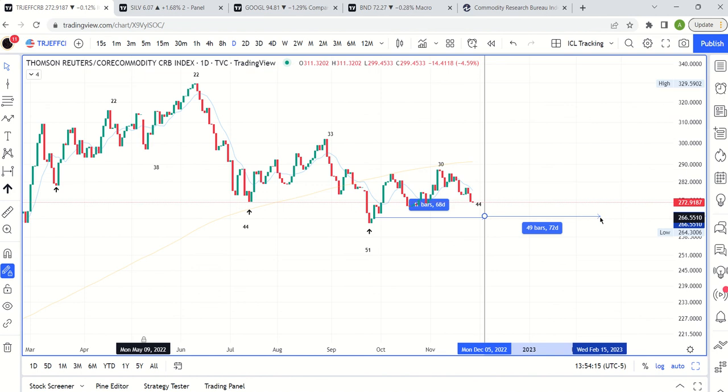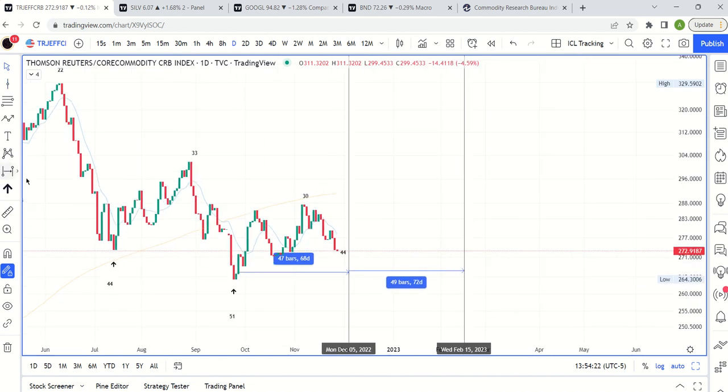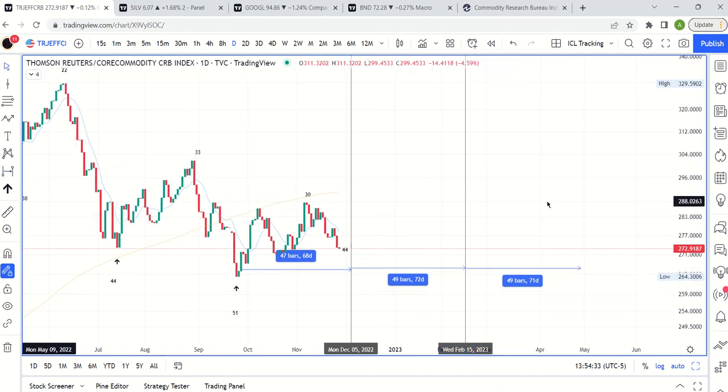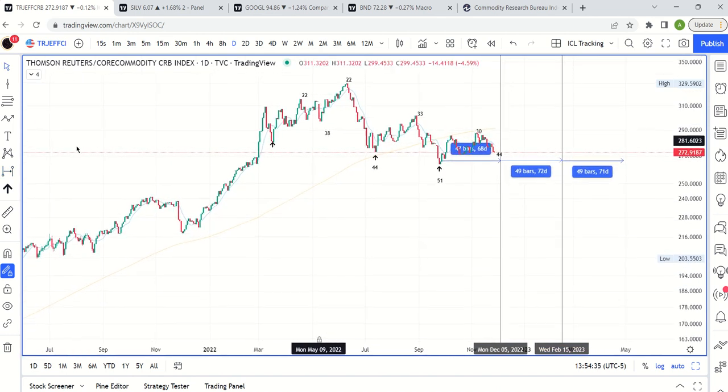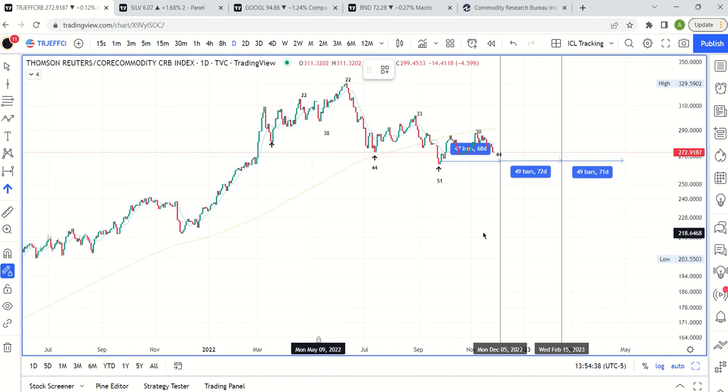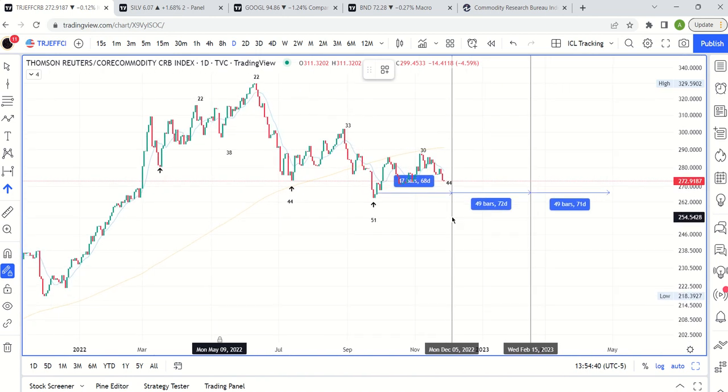And so that would be a low in the middle of February. And then another low, say, another 50 days. Now you're starting to get into an area where it's like, oh, well, that's interesting, right? Because what we're saying is we got one here, and then one here, and then one here.